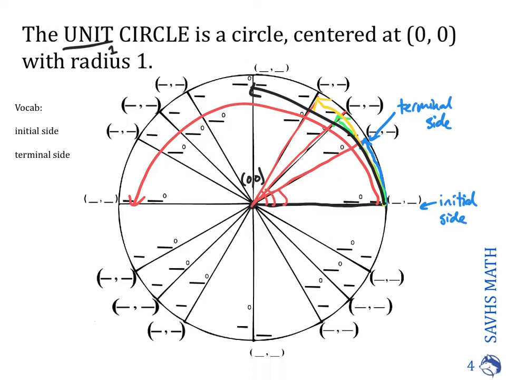And so now this unit circle represents all the angles between 0 and 360 degrees. So if we think about 360 degrees would be all the way around the circle. And so we're representing all of those possibilities. Notice that I'm always moving counterclockwise.